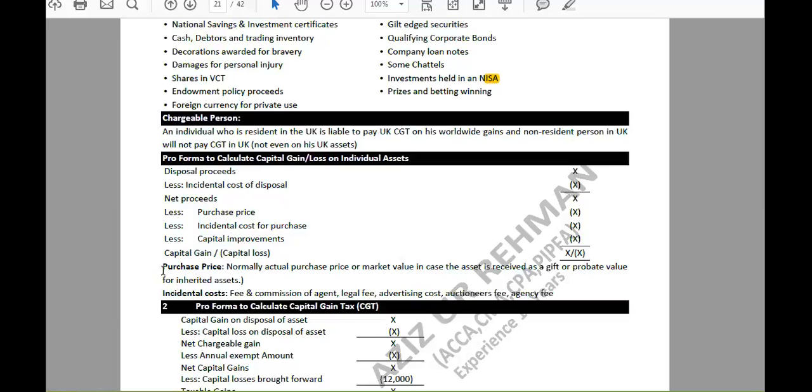Okay, so next one is purchase price. So what would be the purchase price? Normally, purchase price means the consideration paid at the time of the purchase of an asset. So purchase price means purchase price. Purchase price will be market value if you have received an asset as a gift.